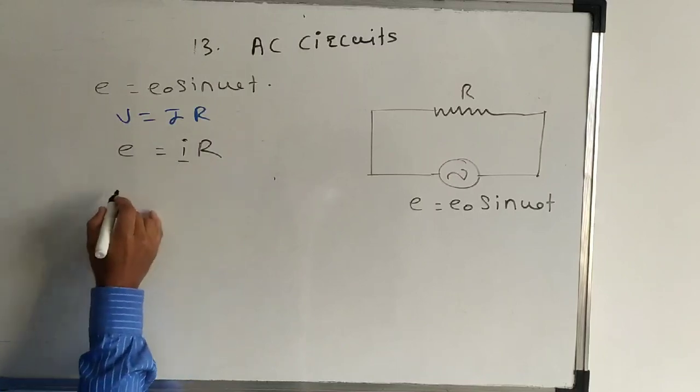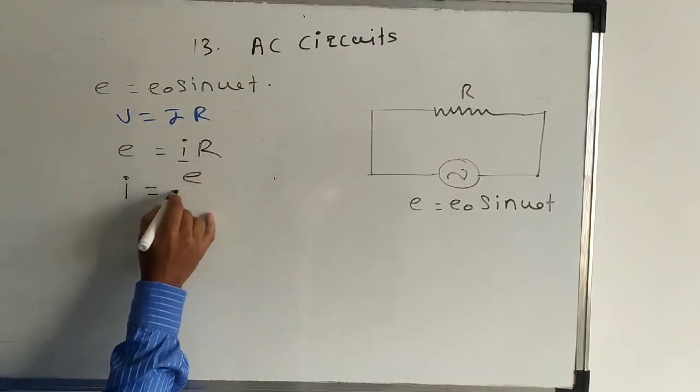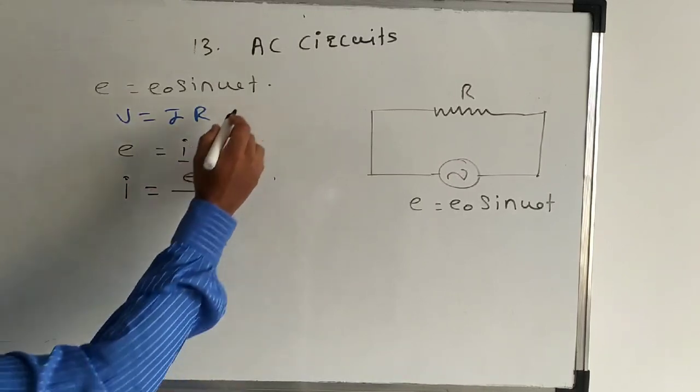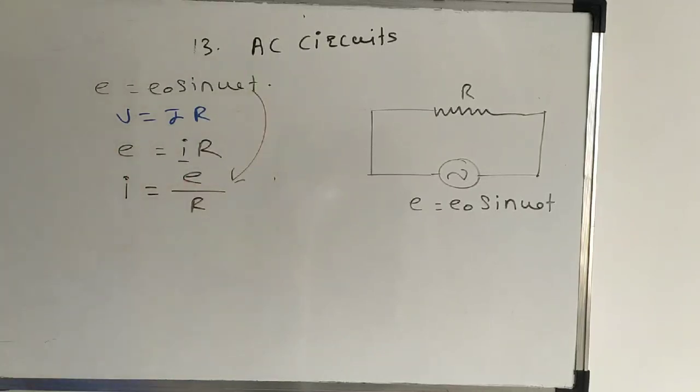Then what about the value of alternating current? It becomes E upon R. Put the value of induced EMF here.